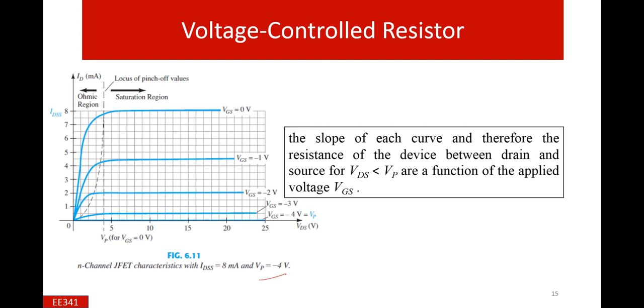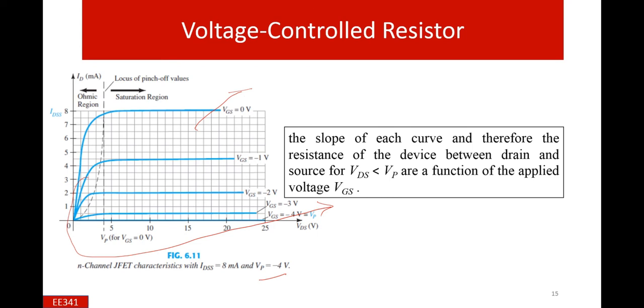This is the saturation region, used for linear amplification, and this region is the ohmic or voltage controlled region. So how can we change the resistance with the variation of the voltage VGS? This is very important in the ohmic resistance region.